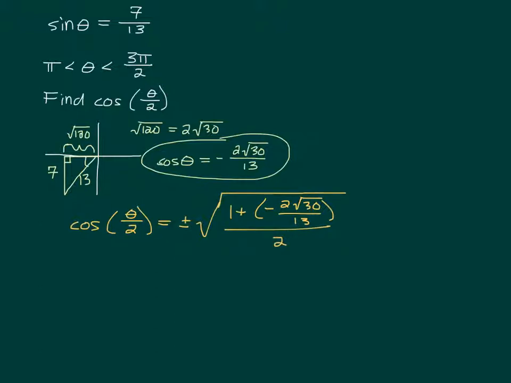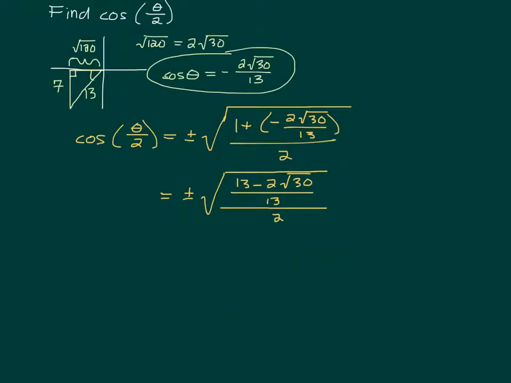Like that. So in the numerator, we have to subtract fractions. So we get the square root of 13 minus 2 root 30 all over 13 all over 2. So then that can be plus or minus the square root of 13 minus 2 root 30 all over 26.